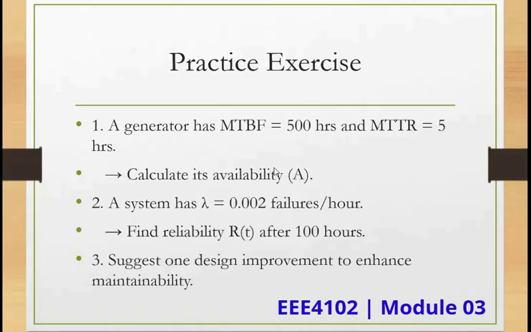So since we have the formula, for those who didn't participate, availability equals MTBF divided by the brackets of MTBF plus MTTR. Remember, we have the values here: MTBF equal to 500 hours, then the MTTR, 5 hours.